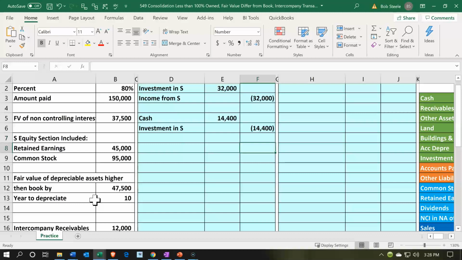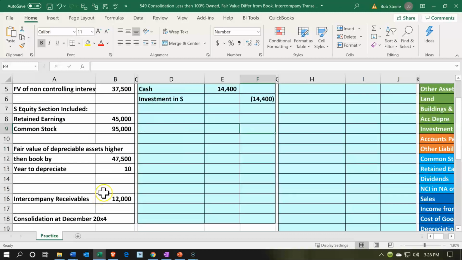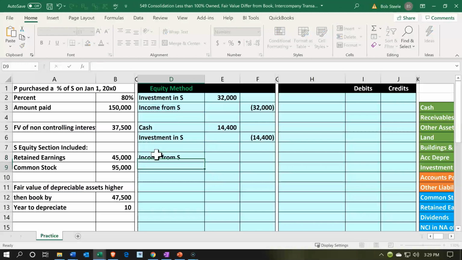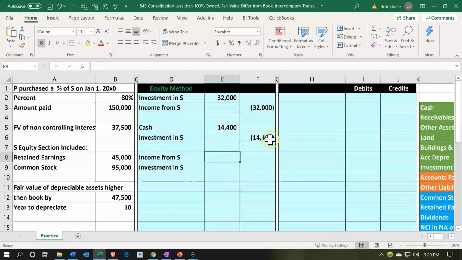Then we have our portion of the change, the new thing, the difference because of the depreciation, because this depreciation is going to affect the income, and that's going to affect our portion of this number. So we're going to account for that. It'll only happen not on S's books, but within the consolidation process. So for that, we're going to debit the income from S, decreasing that, the other side going into the investment. And then I'm going to calculate this, and we'll do this again when we do the elimination entry, so I'll do it fairly quickly here. That was the increase, the 47.5 divided by the years we're going to depreciate it over, 10.